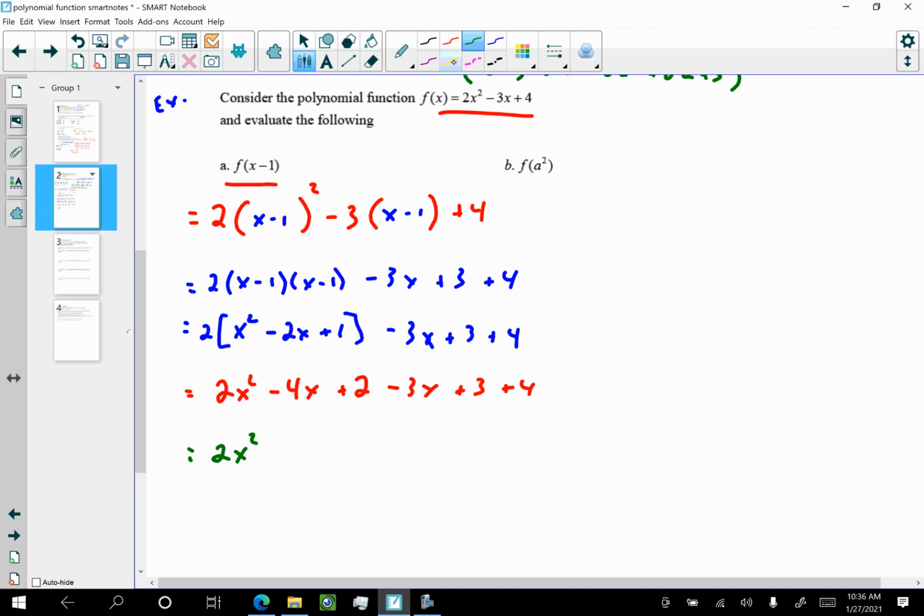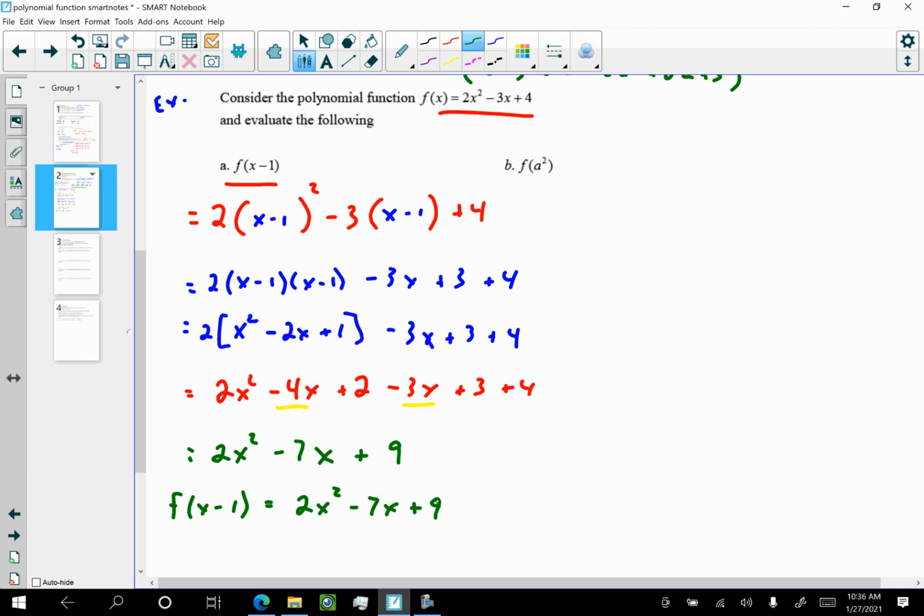I have a negative 4x and a negative 3x, that's going to be minus 7x. And 2 plus 3 plus 4 is 5 plus 9, so 9. So f of x minus 1 is equal to 2x squared minus 7x plus 9.